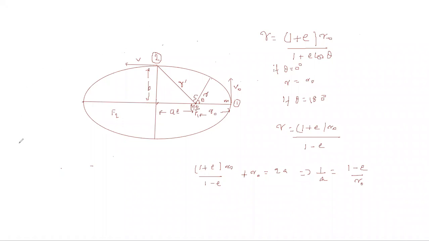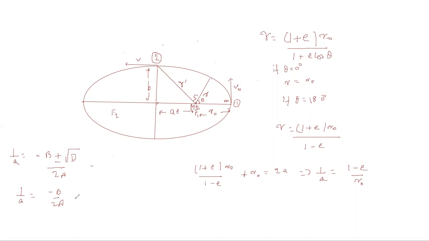So from the quadratic equation that we wrote earlier, 1 by A would be equal to minus B plus minus square root of discriminant upon 2A. The discriminant was set to 0 for uniqueness. So if we set that equal to 0, then for 1 by A, we have minus B over 2A. So this would be the unique value of 1 by A, reciprocal of semi-major axis.